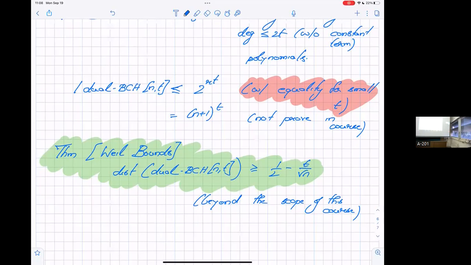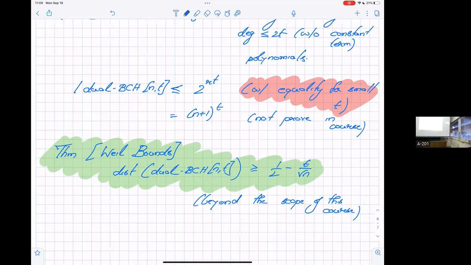And then the Plotkin and the Elias-Bassalygo had given us that the rate is order epsilon. And we have one. And if you look carefully, they're not at the Plotkin bound, but let's look at what the dual BCH achieves.